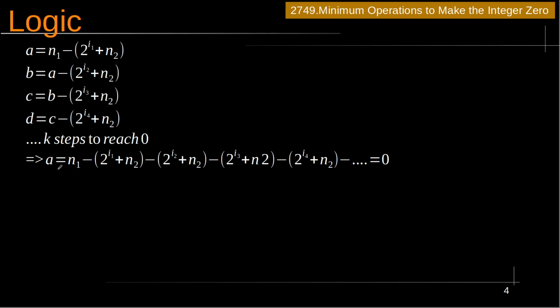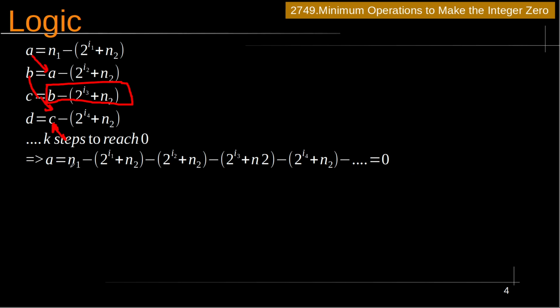So we can substitute each variable by its own expression. For example, here I can substitute C by this one, then B by this one, and A by this one. At the end, I will find this expression.